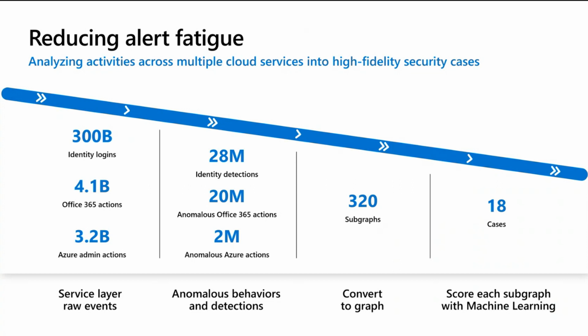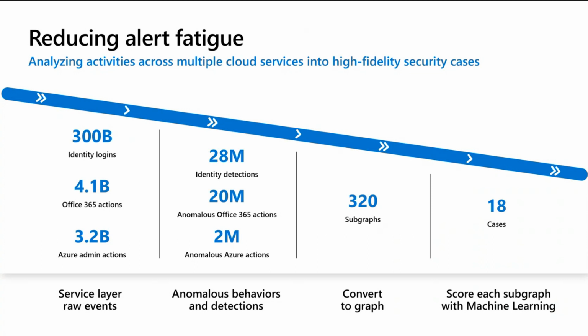So here is a visual representation of what is being done in this analytics part. You are getting 300 billion hits from identity logins, 4.1 billion Office 365 actions, 3.2 billion Azure admin actions. Now in the second stage, the SIEM is organizing those events: 28 million events, 20 million events, 2 million events.